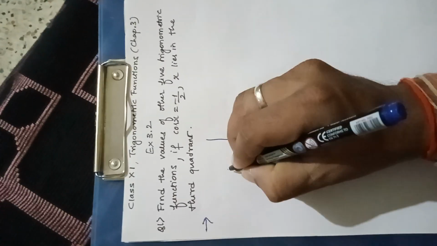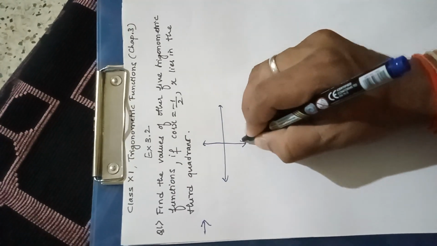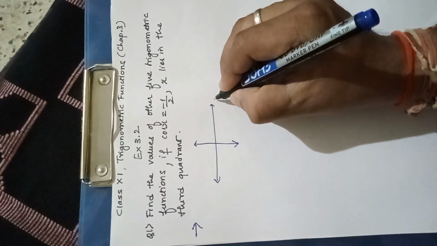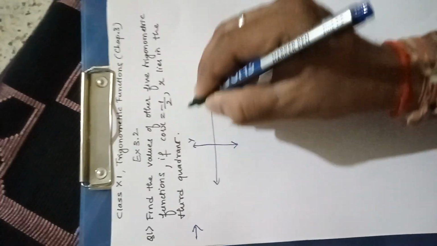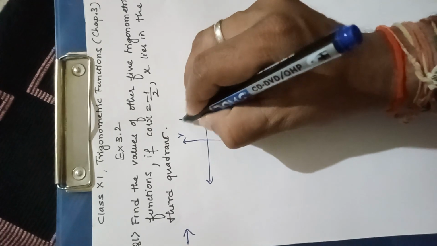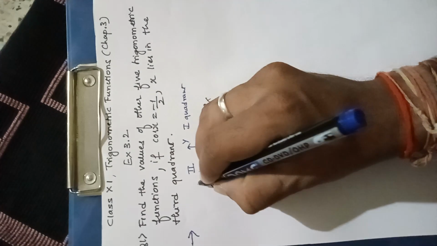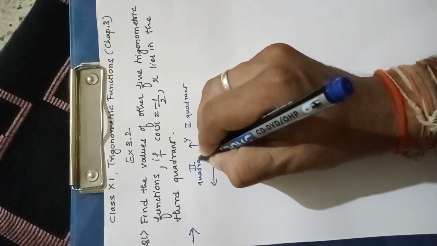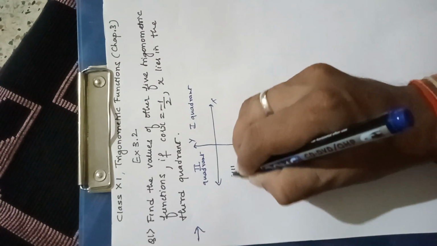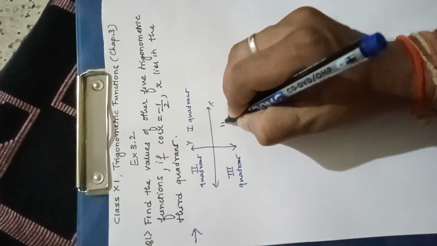As you know, drawing the two coordinate axes, the x-axis and the y-axis, will divide the given plane into 4 quadrants. This is the first quadrant, this is the second quadrant, this is the third quadrant, and this is the fourth quadrant.